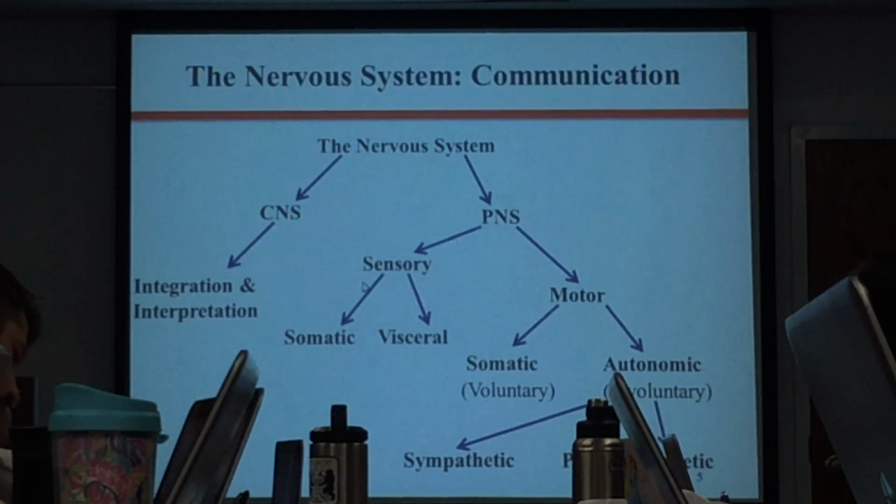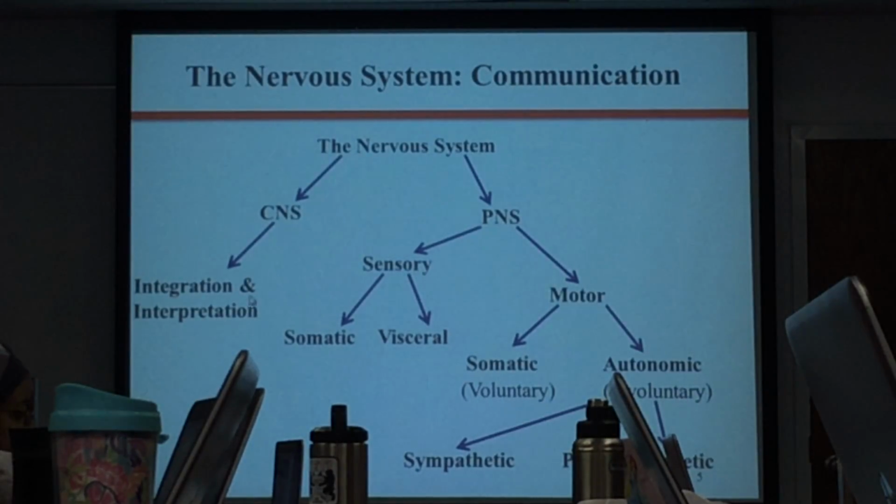So how does the CNS and the PNS communicate and control the actions? So in general, the CNS receives the information, all the sensory information from the peripheral. Okay, so the sensory neurons contain a lot of receptors on the skin, in different parts of the body. So the receptor receives the signal, then initiates the signal transduction and sends the information to the CNS saying, hey, we have external stimuli.